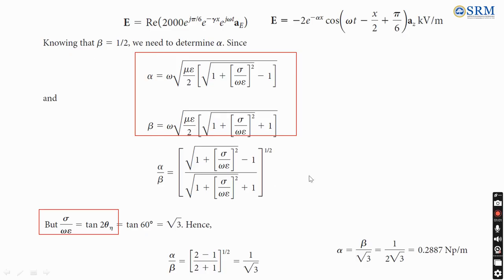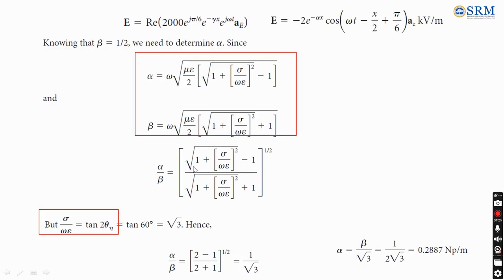To find the alpha value, we know the expressions for alpha and beta, and we already know beta from the given expression, it is 1 by 2. If you take a ratio, it will be helpful to find alpha. So we take alpha by beta, and we cancel the omega mu epsilon by 2 on both sides, and we are left with this term.